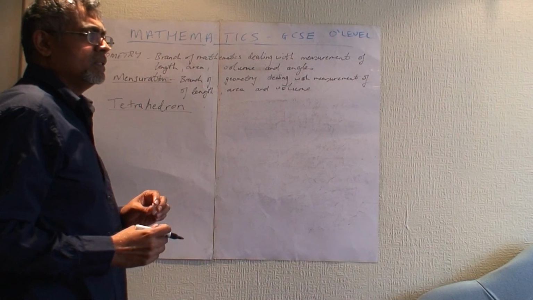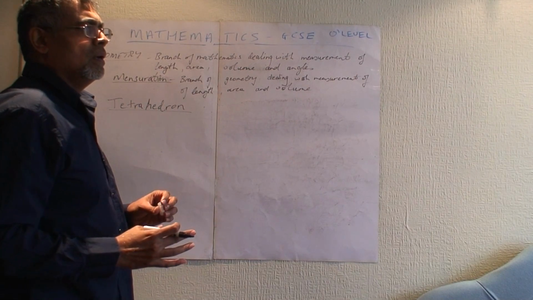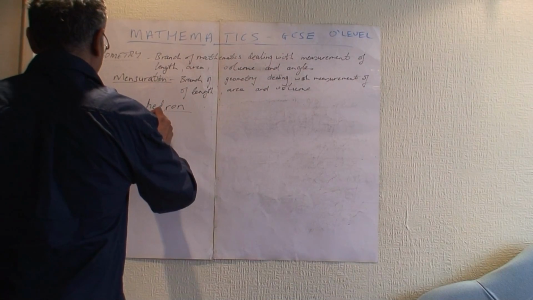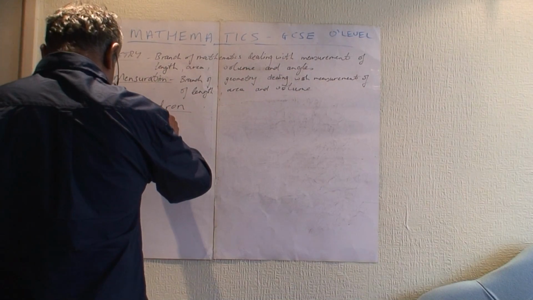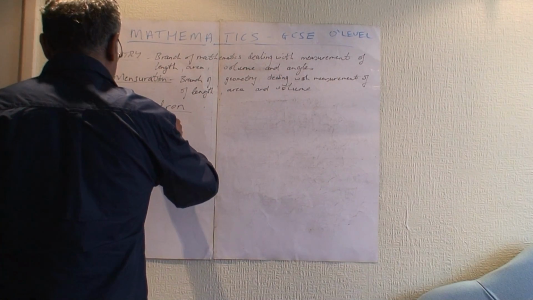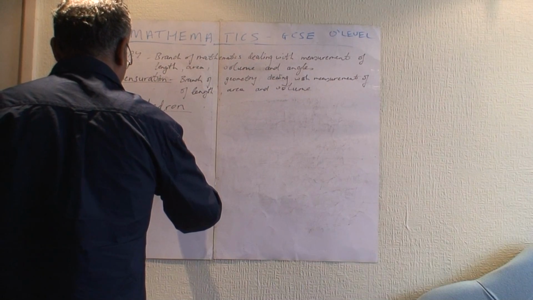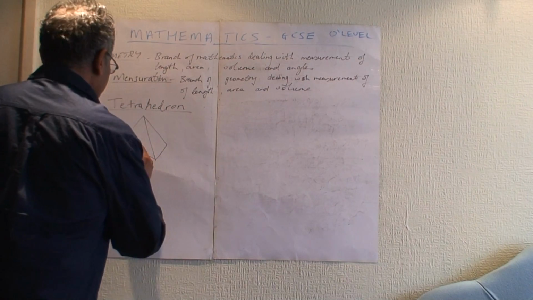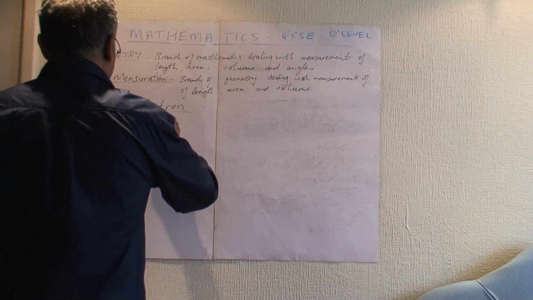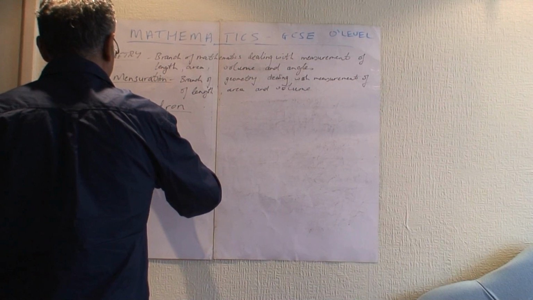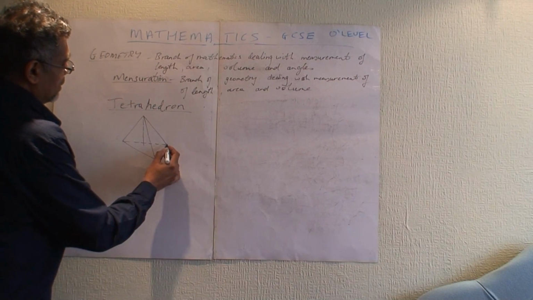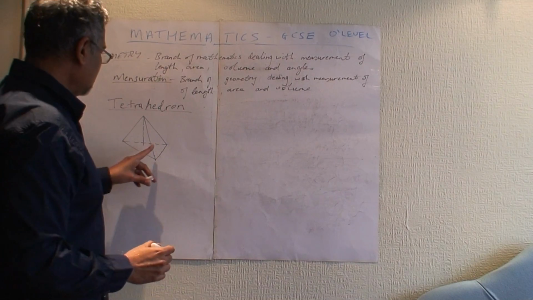A tetrahedron is almost like a triangle, but it's more like a filled triangle, which I'll draw for you. The base is of three sides.